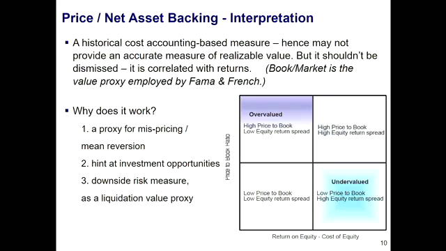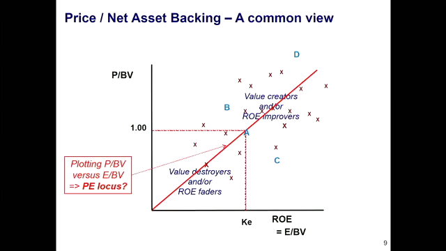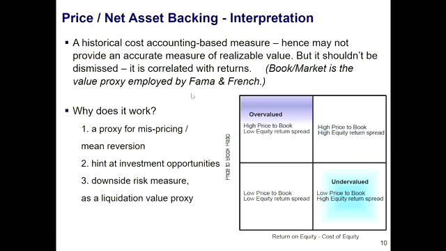So if we translate this graph to these nice squares, the companies with a high price to book value and, at the same time, a high equity return spread are expensive for a reason, because they can generate a much higher spread of return on equity over the cost of equity.